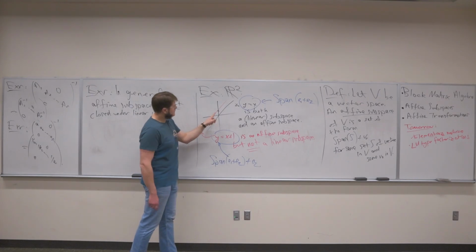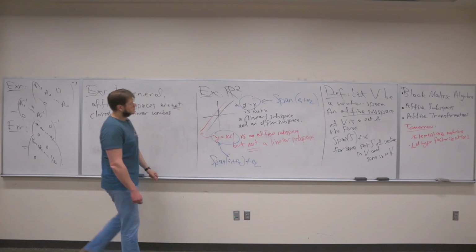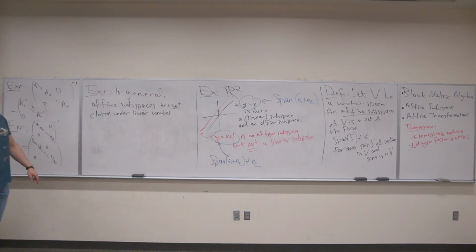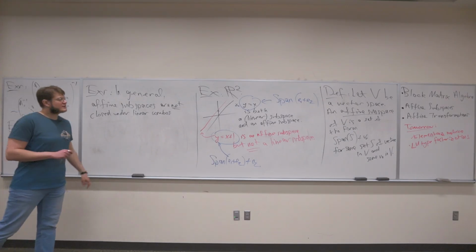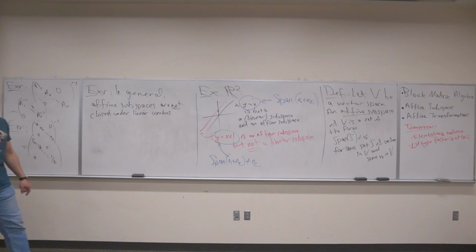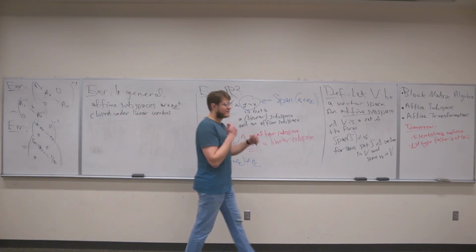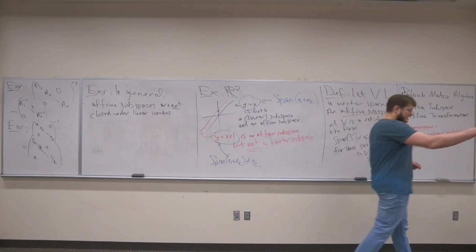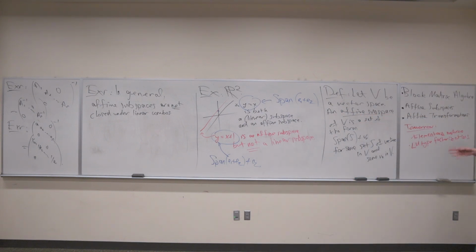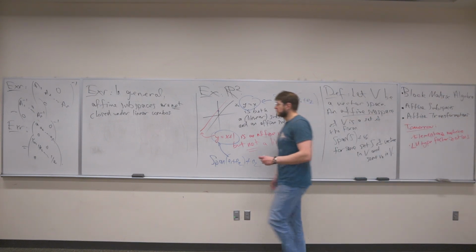Right, so for instance, well, E2 is in the red line, but twice E2 is not, for instance. But they are closed under linear interpolation. Meaning, if you were to take any two vectors in the same affine subspace, then any linear interpolation of these two is also going to be in the same affine subspace.